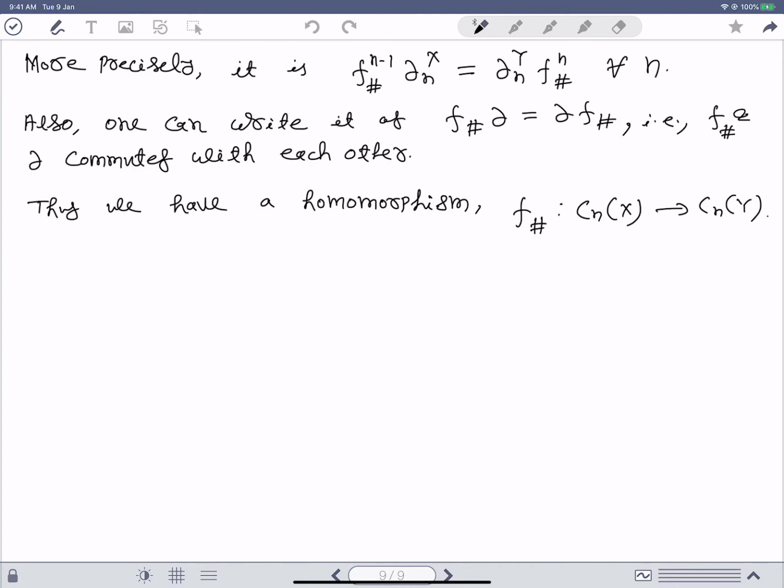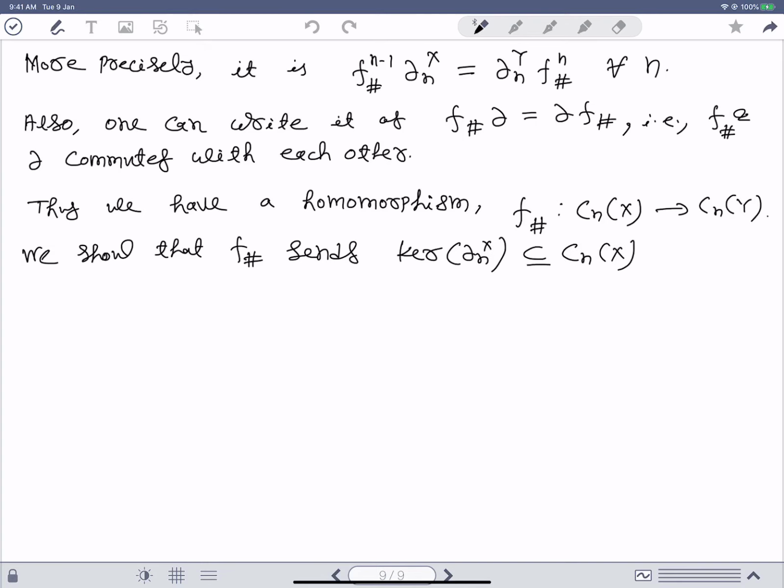Fine. Now I shall show that this f hat sends the kernel of del n x to the kernel of del n y. That means we show that f hat sends the kernel of del n x, which is a subset of Cnx, to the kernel of del n y, which is a subset of Cny.